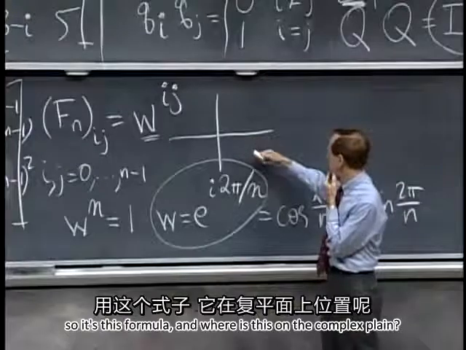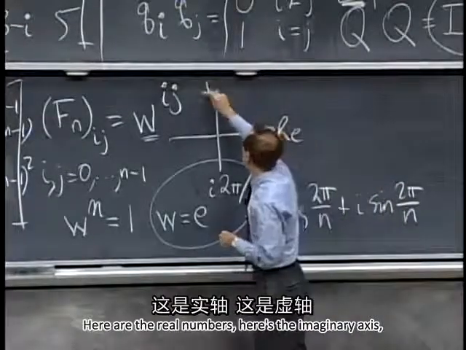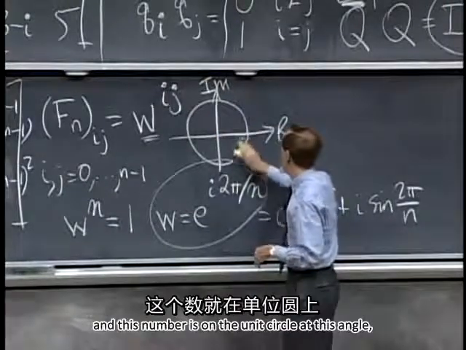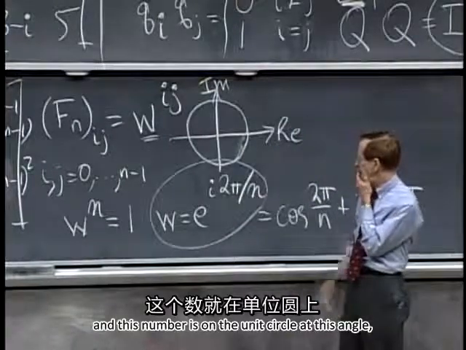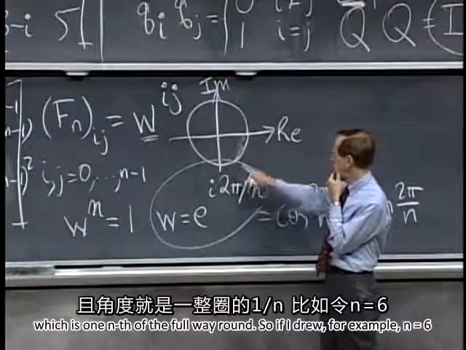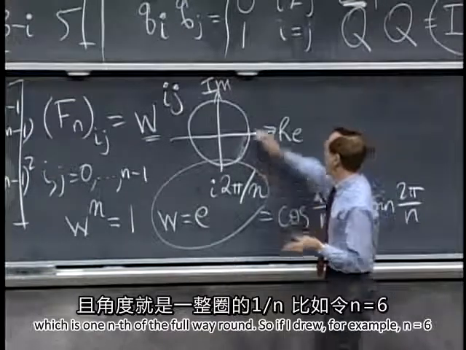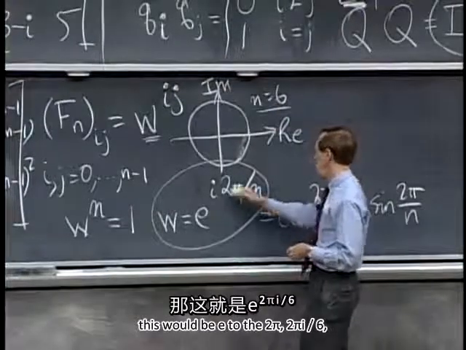So our matrix is full of powers, and this is the formula. And where is this on the complex plane? Here are the real numbers. Here's the imaginary axis. Here's the unit circle of radius 1. And this number is on the unit circle at this angle, which is 1/nth of the full way round. So if I drew, for example, n equals 6, this would be e to the 2 pi i over 6.